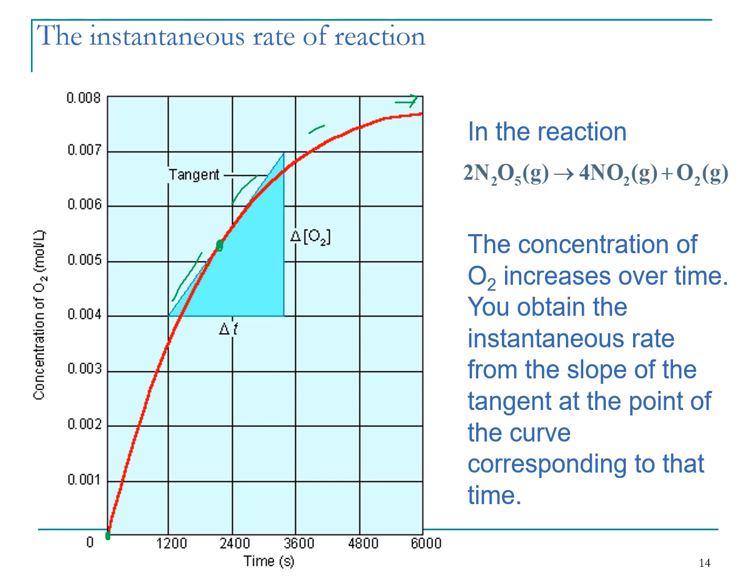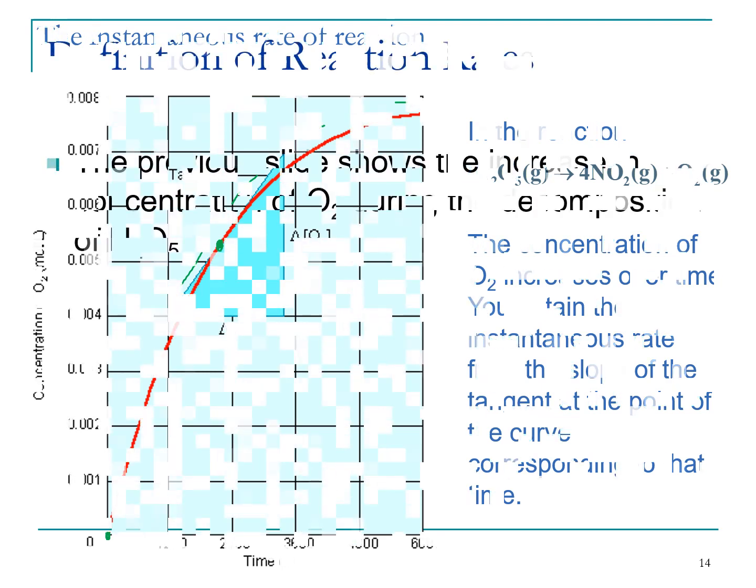What you can do is take the slope of the tangent of the line at that point, and that will give you the instantaneous rate. But you can find any average rate by taking any change in concentration divided by change in time. So I believe I have some on the next slide.